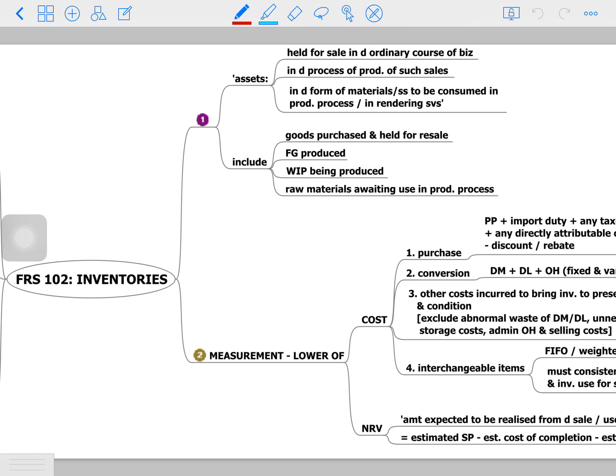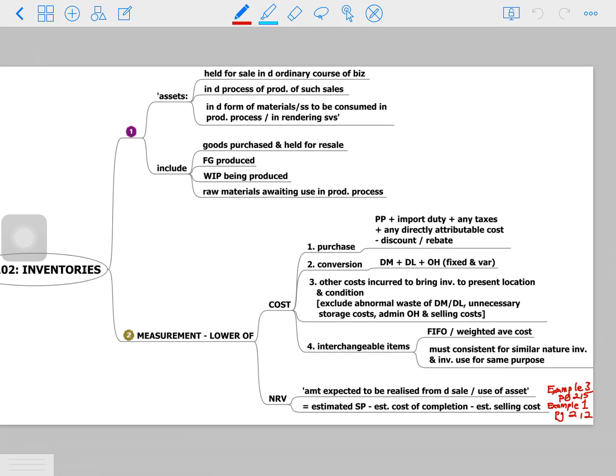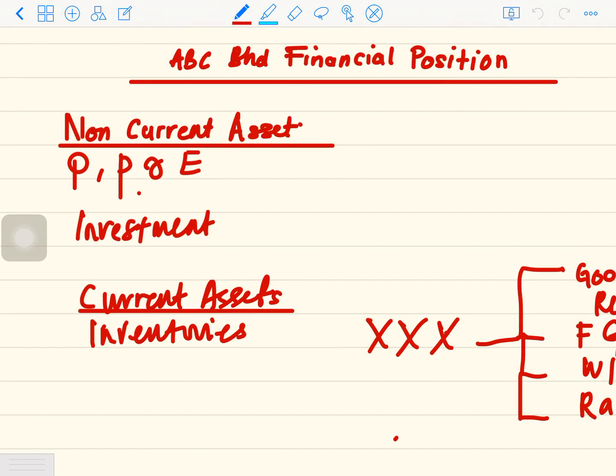FRS 102 talks about how to recognize and value inventories in your financial statements, especially in your statement of comprehensive income and also statement of financial position. Normally you find inventories in current assets, in your financial position, and then you have a certain figure there.